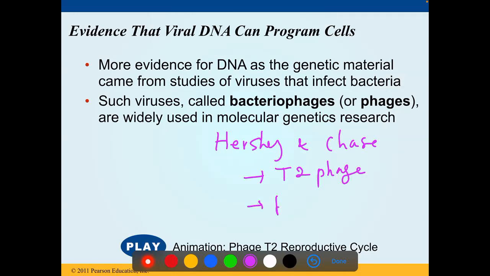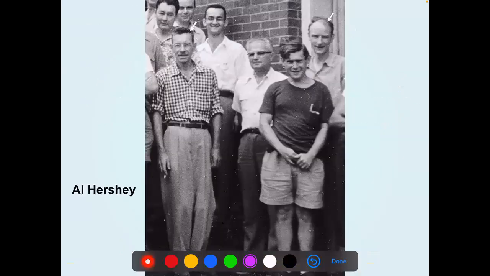Another name we call it is the blender experiment because they really used a kitchen blender for this kind of experiment. Okay, so using phage. Phage is the virus, bacterial phage. So Al Hershey is this man. At that time, maybe he's still smoking. This is the picture in 1954 at this phage meeting.